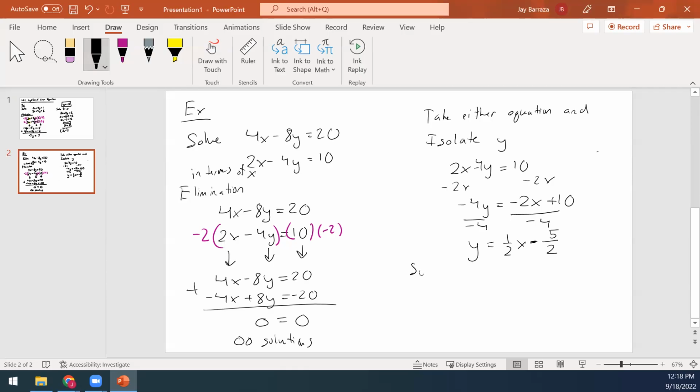So our solution is x comma y, but y is equal to 1/2 x minus 5/2. So this is equal to x comma 1/2 x minus 5/2, like that.